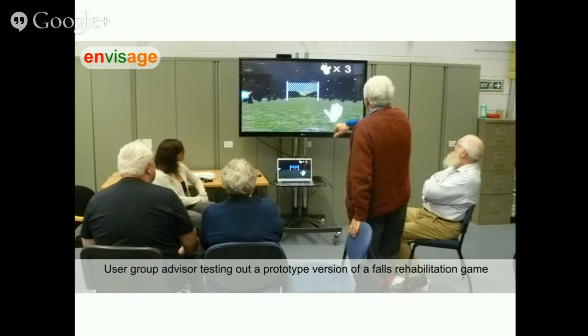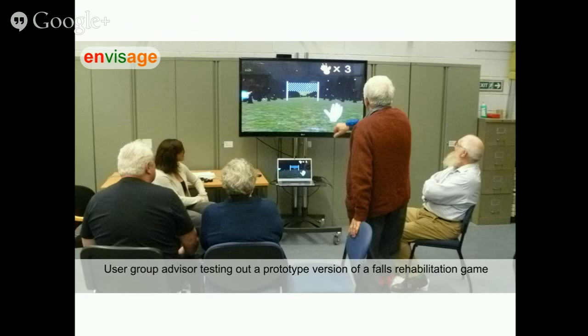We also did some exergaming, or what we would prefer to call it, which is purposeful gaming. In other words, games that have a rehabilitation purpose rather than just an exercise purpose. This is one of the upper limb stroke training games that the users were asked to try. We found out that the older adults were highly competitive, and they liked computer games.